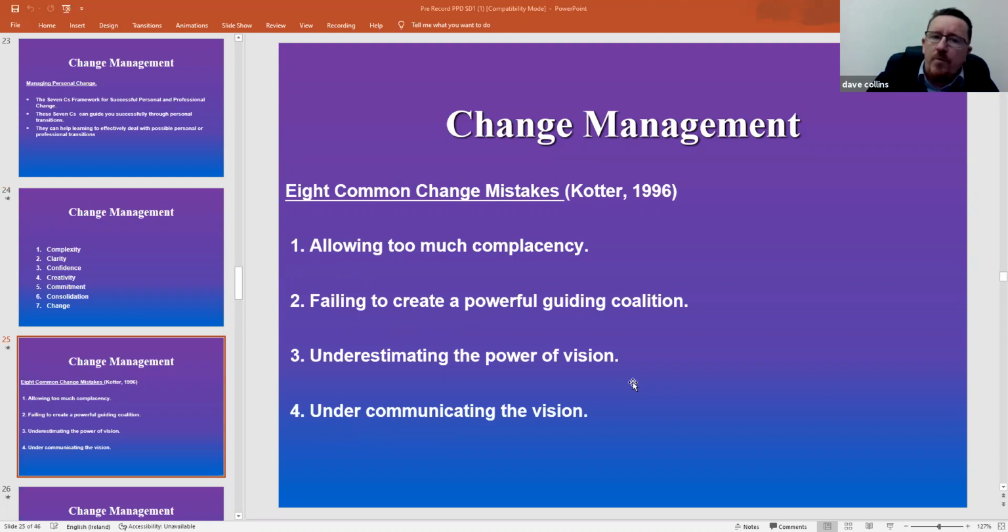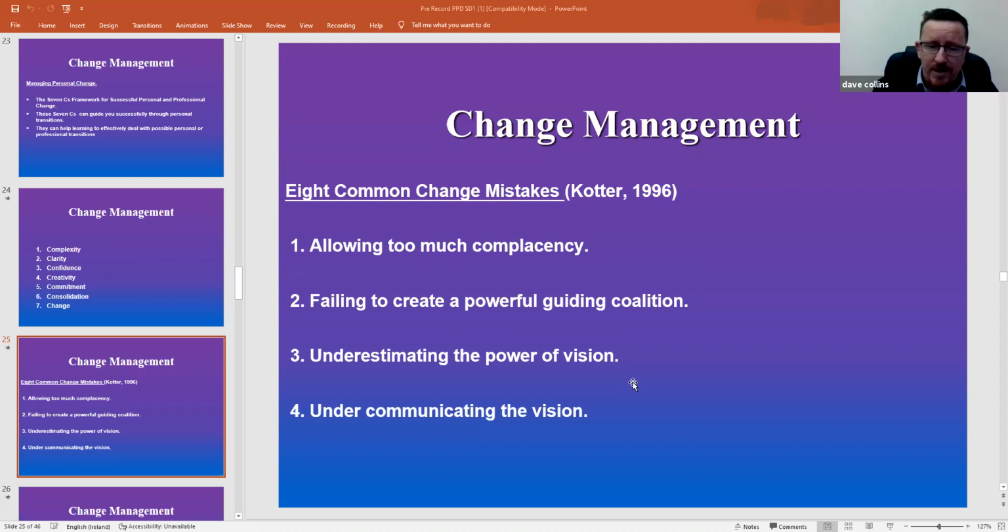So again, we're back to Coulter. 8 common change mistakes. Coulter, 1996. 1, allowing too much complacency. 2, failing to create a powerful guiding coalition. 3, underestimating the power of vision.